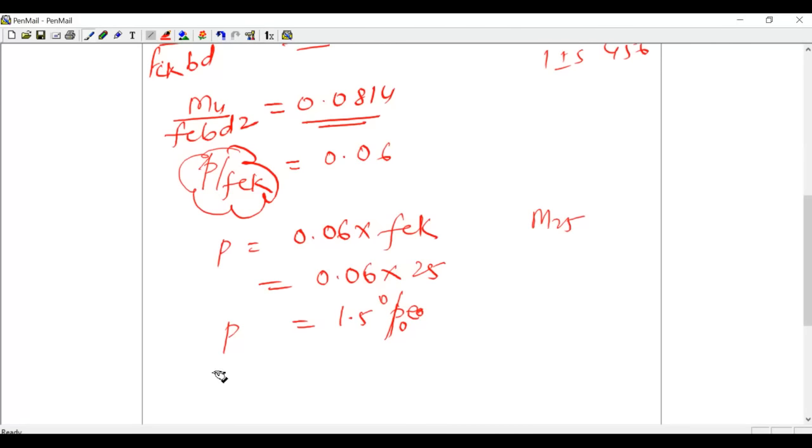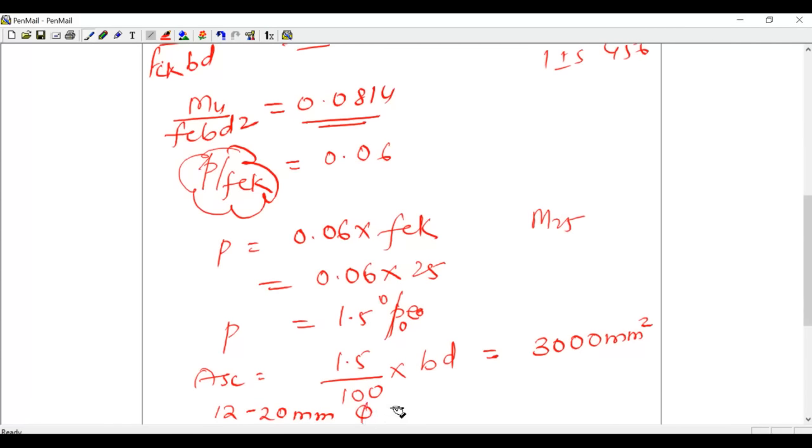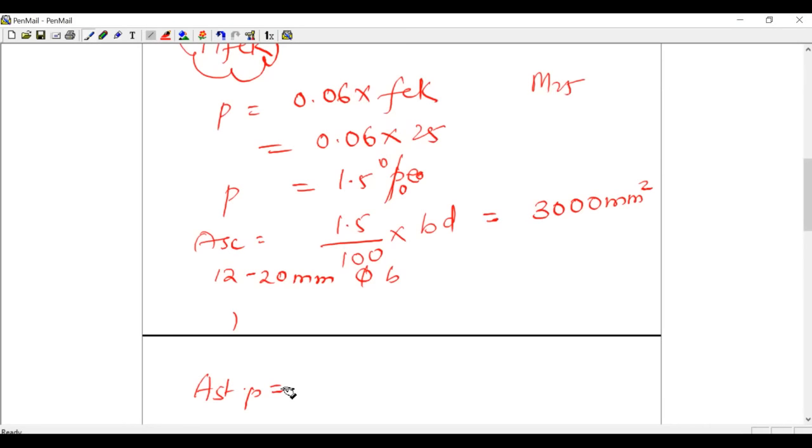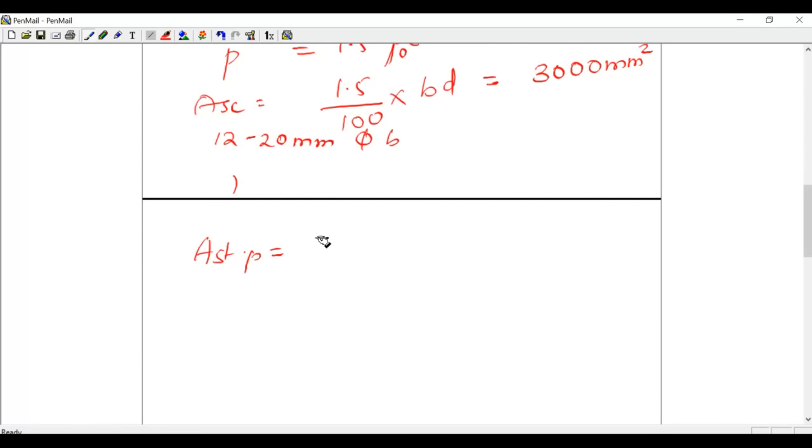So Asc, the area of steel, is equal to 1.5 by 100 into bD, which is equal to 3000 mm square. So we are providing 12 numbers of 20 mm dia bars. So the actual Ast provided is coming around 3769 mm square.